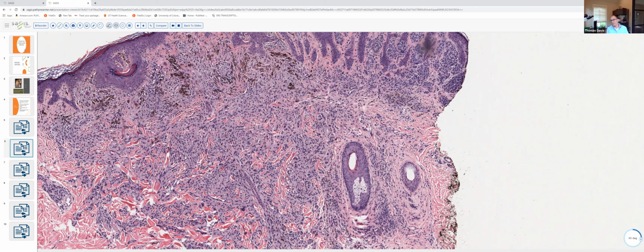Now before we summarize, just a few comments that I wanted to make about blue nevi, because I think the whole area can be a little bit confusing. Really, the distinction of a common blue nevus from a cellular blue nevus is kind of an oversimplification of the morphologic heterogeneity that exists with blue nevi.